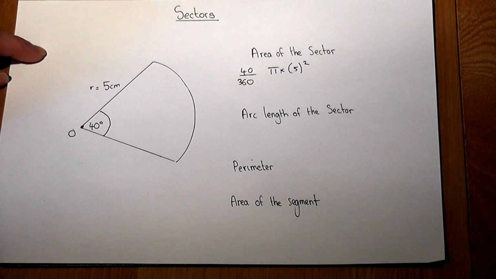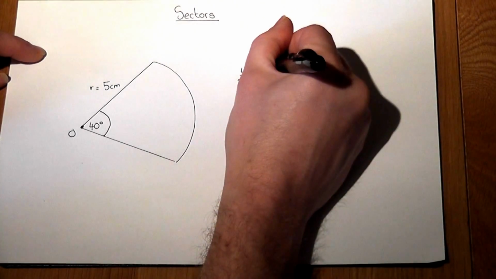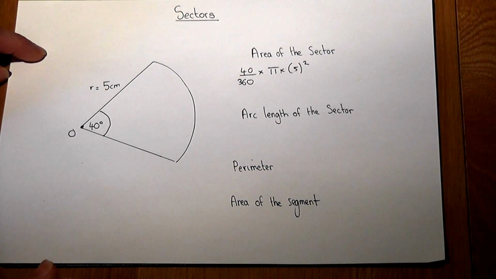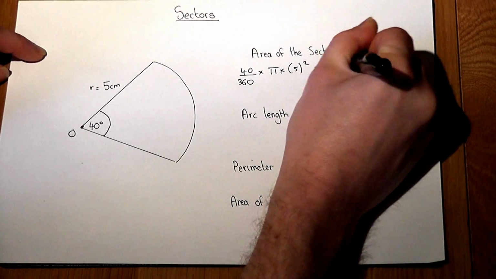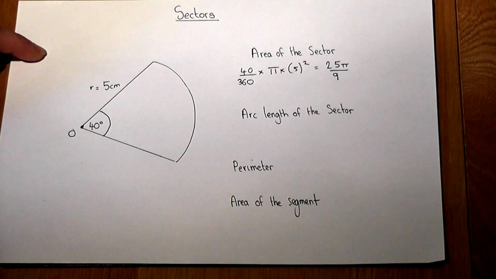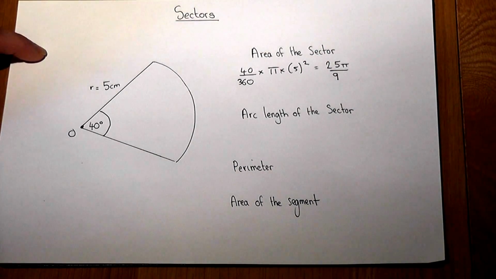So we do 40 over 360 and times that by pi times 5 squared. And on the calculator, you'll get 25 pi over 9 in terms of pi.